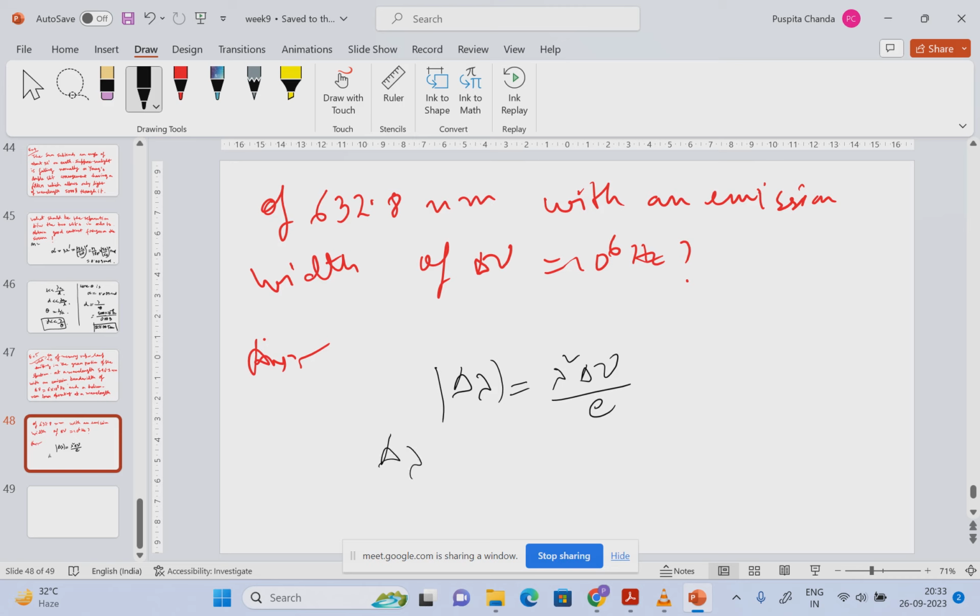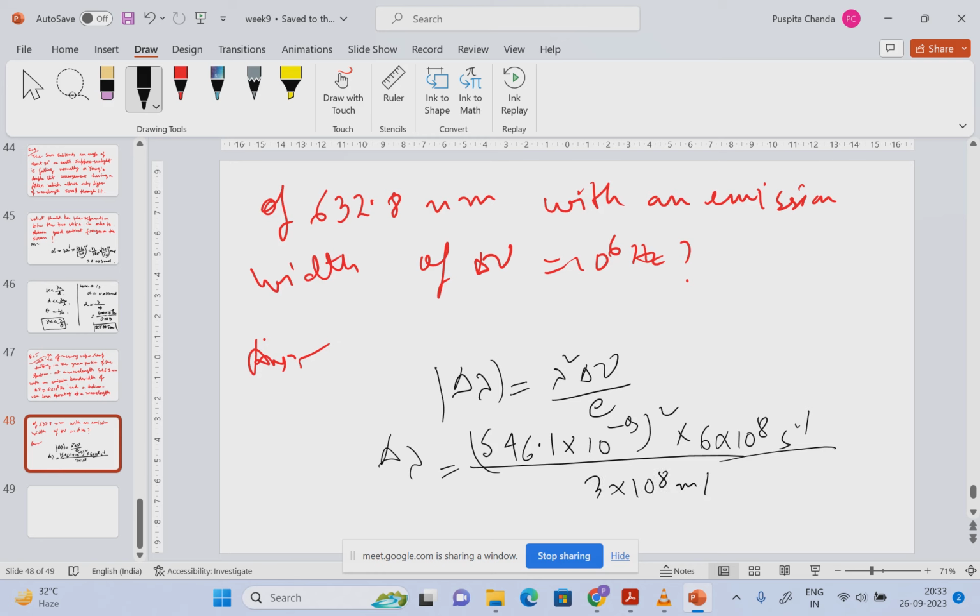So delta lambda for the mercury green line is 546.1 into 10 to the power minus 9 whole square into delta mu, which is 6 into 10 to the power 8 second inverse, divided by 3 into 10 to the power 8 meter per second. This is equal to 5.96 into 10 to the power minus 13 meters or 5.96 into 10 to the power minus 4 nanometer.